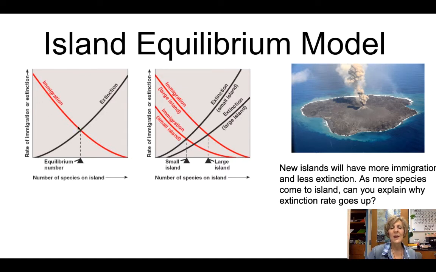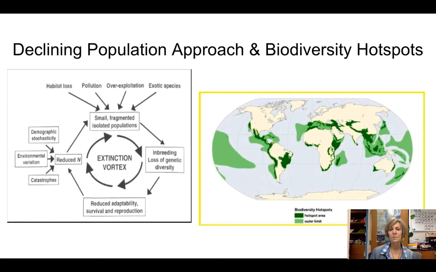Based on this mathematical model, you have an equilibrium number, a balance of those two forces that you can actually predict. And you can predict whether it's going to be on a small island or a large island. This is a very powerful tool for ecologists.